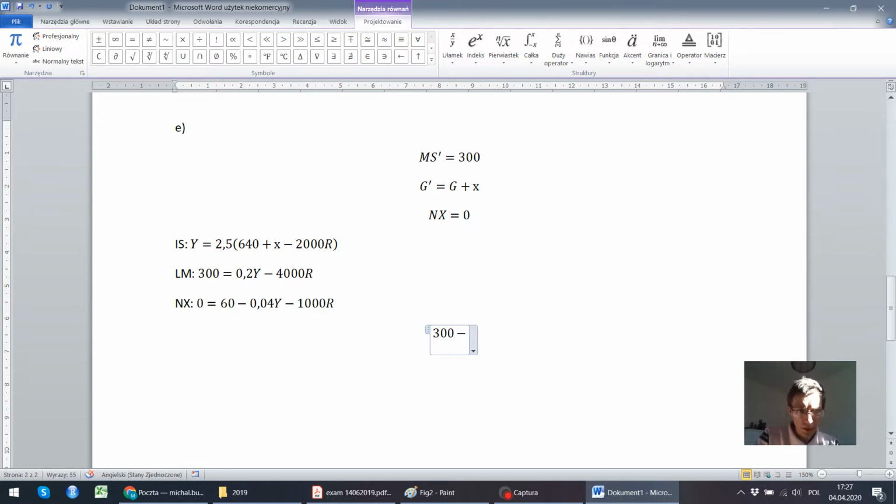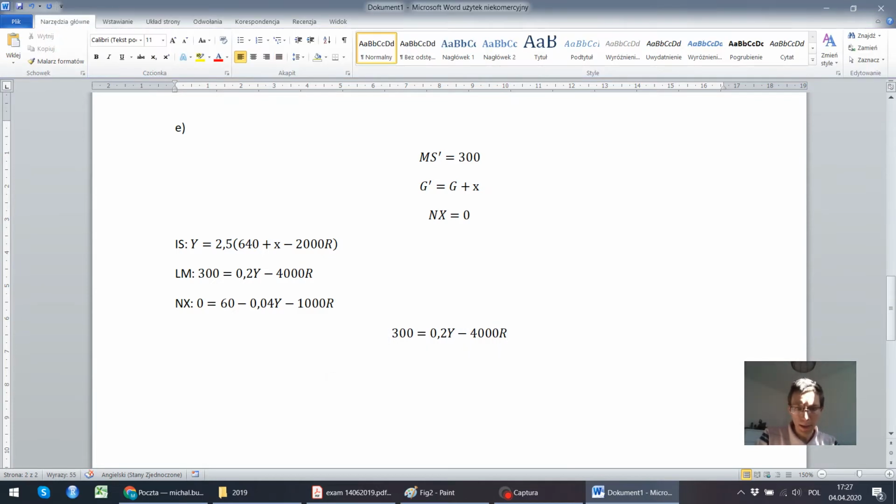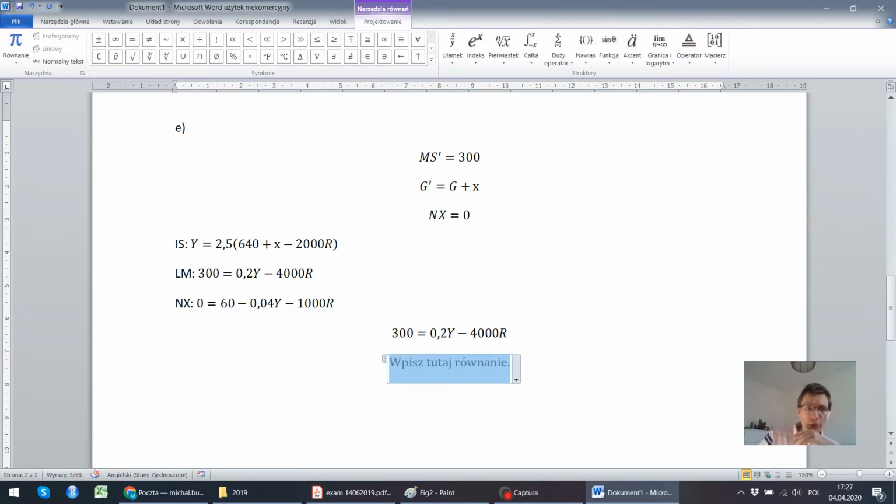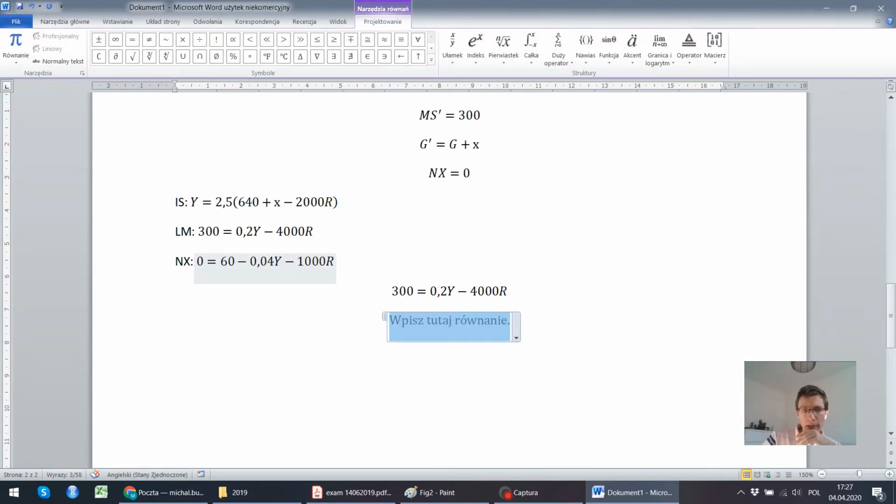So it's 300 equal to 0.2y minus 4000r. Okay, this is the LM equation. And the NX equal to 0 equation, we will simply multiply by 4, the left and the right hand side. So we will have 0 equal 240 minus 0.16y minus 4000r.